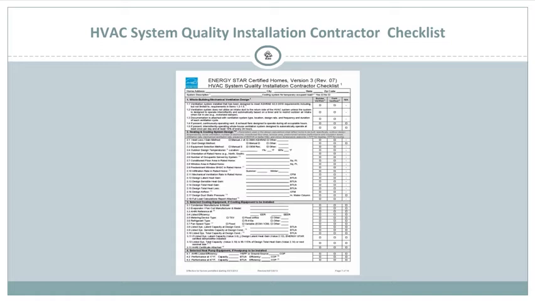Okay, so this is the checklist. It's 2 pages. It comes with some points and some instructions in the back, but they're not very helpful. One of the things you need to remember is that you're not going to be filling out this checklist. It's going to be the contractor, or the builder, or the heating and cooling installing guy. So this is just a formality so you can understand what they're looking at.